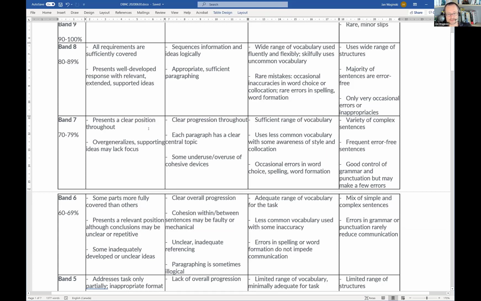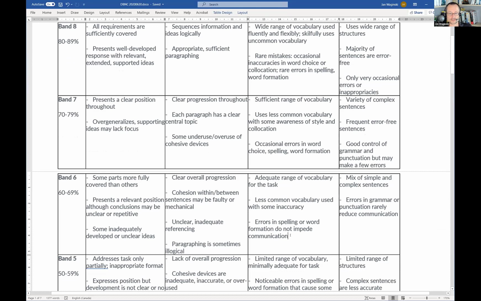So getting a band 7 is really hard. It's marked hard because band 7 is the cutoff. It represents advanced level English. Band 6 is intermediate. Band 7 is advanced.